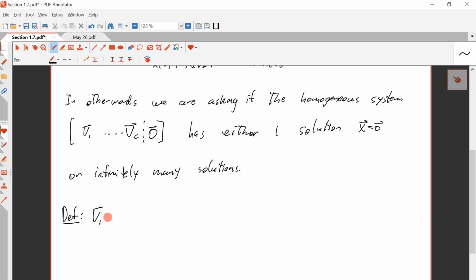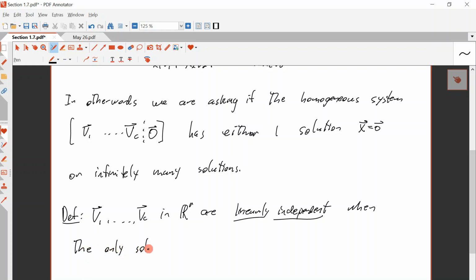So vectors v1 to vc in R^n are linearly independent when the only solution to that system is x equal to 0.